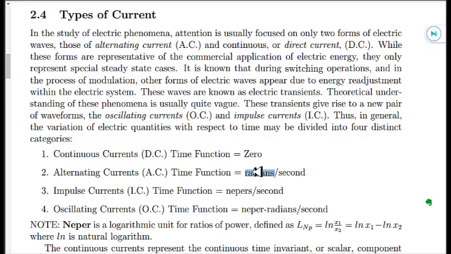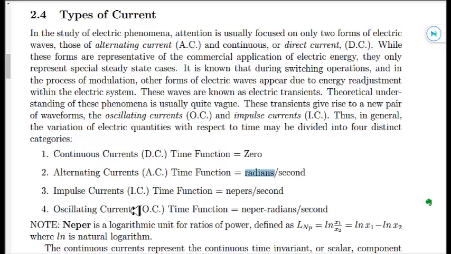As you know, before I identified the units of 2 pi to be radians per cycle. 2 pi is the number of radians in one complete cycle. Nepers is the unit of change in power, change in amplitude, change in the magnitude of the wave.